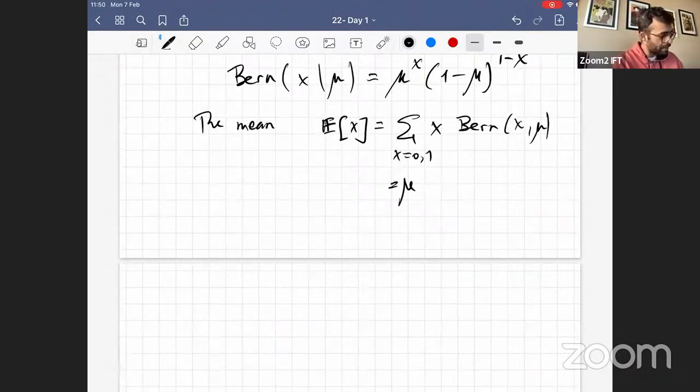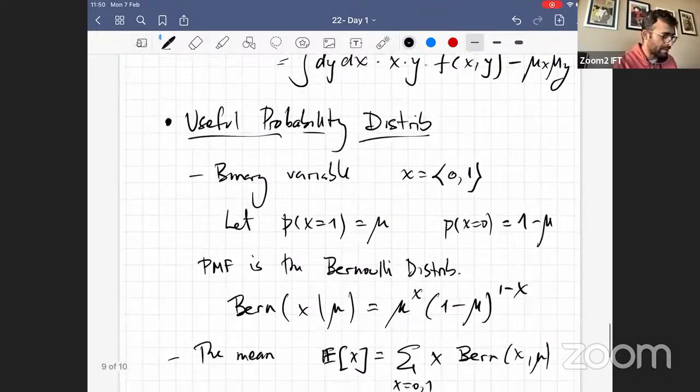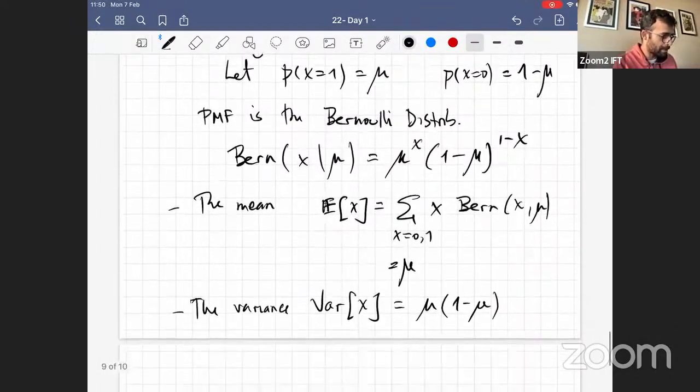And if you compute the variance, given the formula I gave you above, you get mu times 1 minus mu. So it is straightforward to do it. That was arguably the simplest random variable that you can think of.